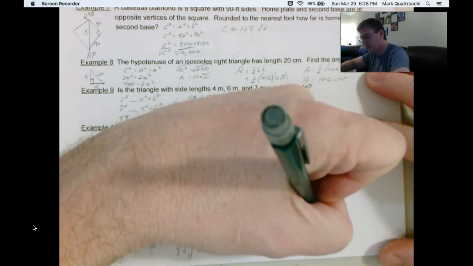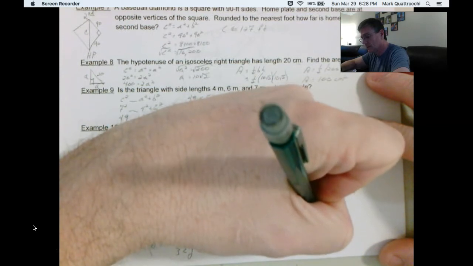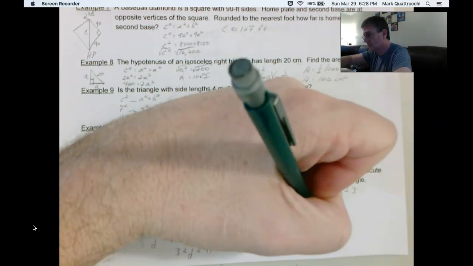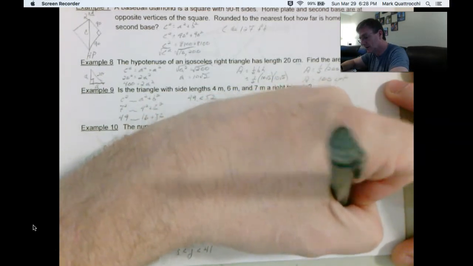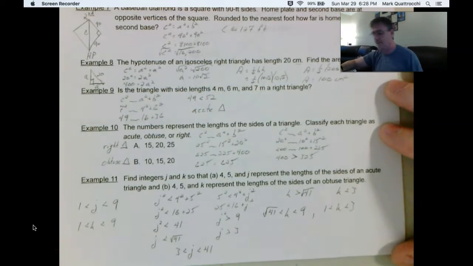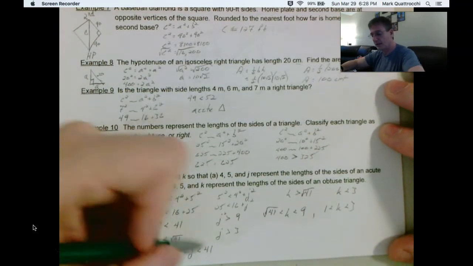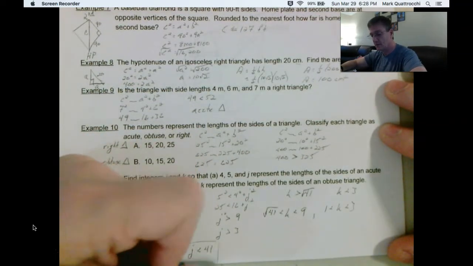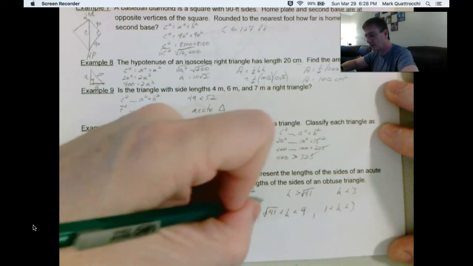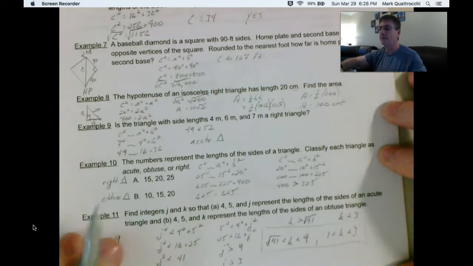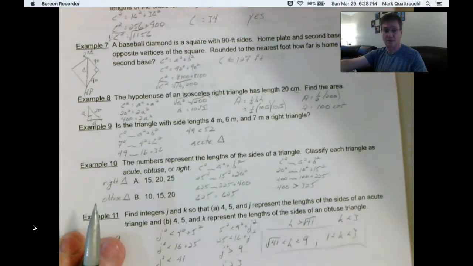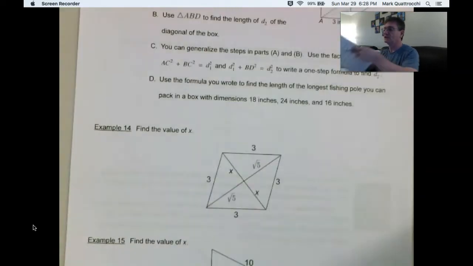So, or put a comma, 1 less than K less than 3. So our answer for J was right here. The answer for K, a little bit more complicated because we still have to make sure that it makes a triangle. Okay? That was example 11. That is a tricky, challenging problem.